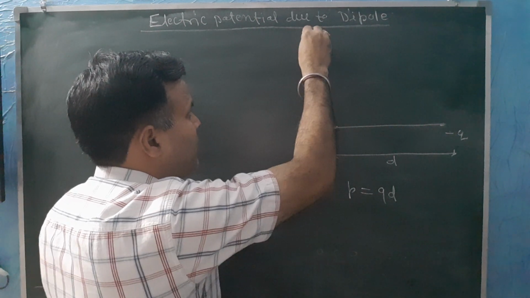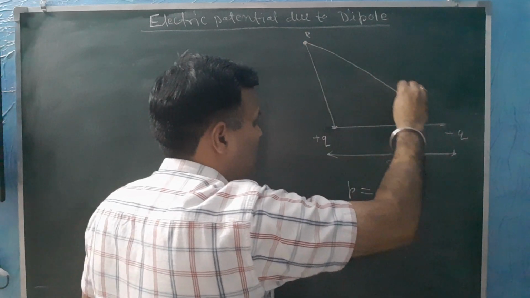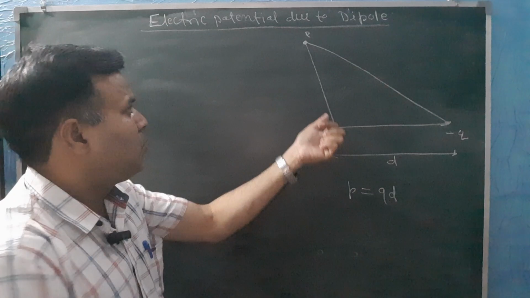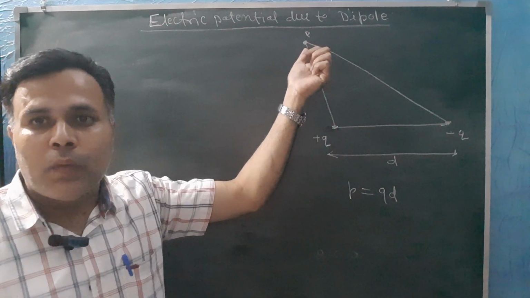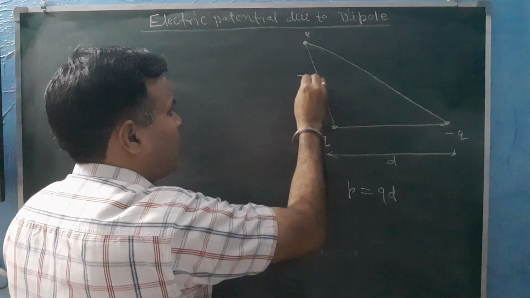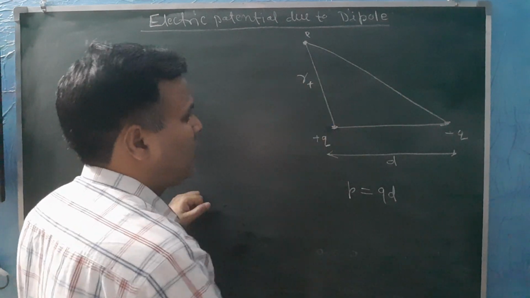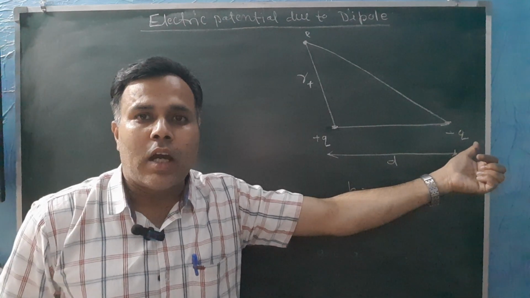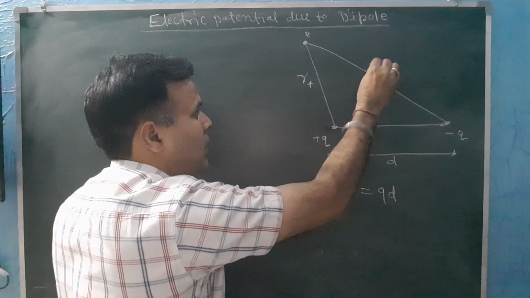The distance from the plus q charge to this point is r plus, and the distance from the minus q charge to this point is r minus.